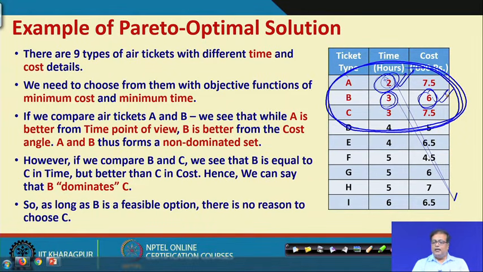But if you compare A with C, a very interesting thing is found: A is better in time, and A is not worse off in cost. So, you can say then A dominates C. Compare B with C: B is equal in time with C, but cost is less. So, in that sense you can also say B dominates C, is that all right?